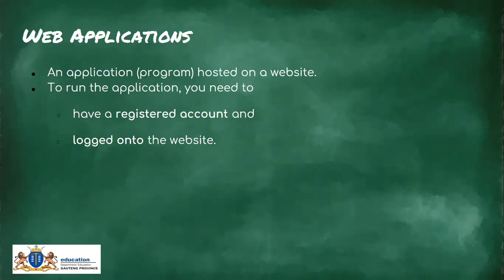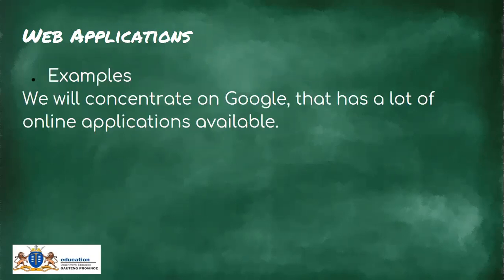To run the application, you need to have a registered account and log on to the website. Therefore, you can access it. That is cloud computing, by the way. An example is Google, which has a lot of online applications available. All these applications we call cloud applications, because you can access them only online.